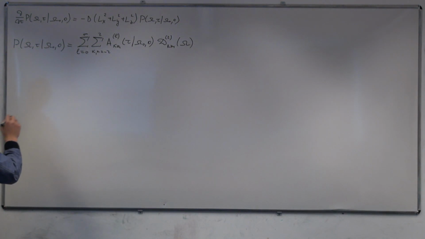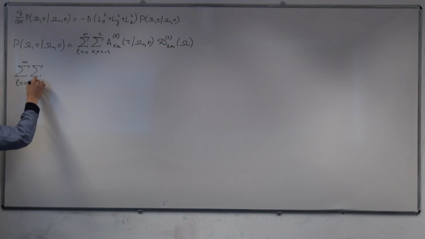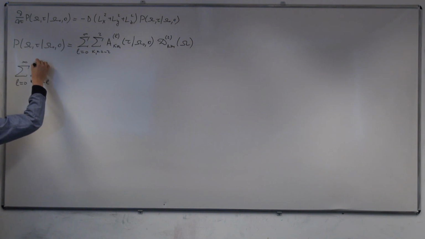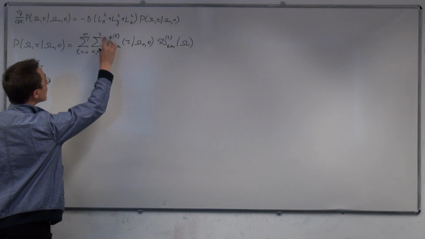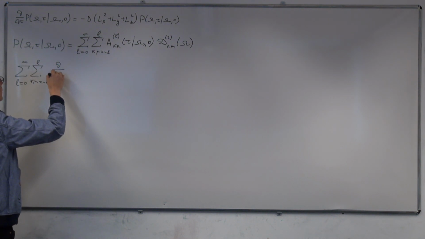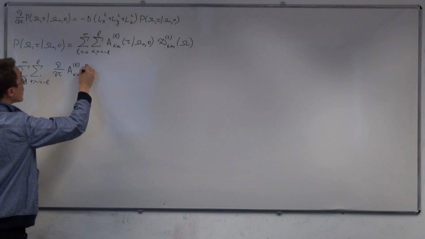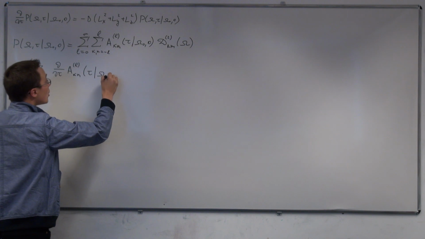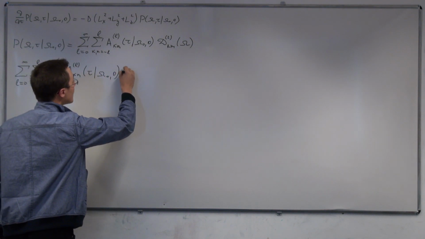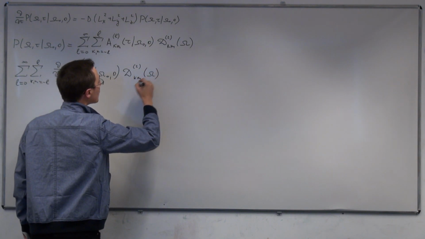So putting it into there, just shifting the derivatives through the sums immediately. So sum L from 0 to infinity, sum k and m from minus L to L, this should be L here. Then d by d tau of A_{Lkm}(tau, omega naught), and then the Wigner functions do not depend on time, only on omega.